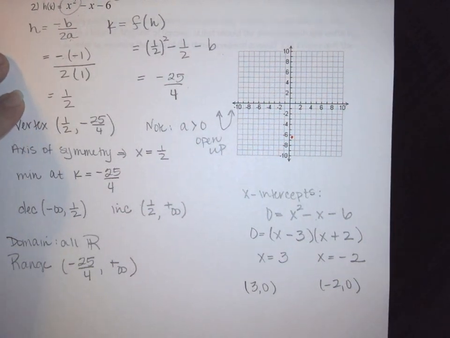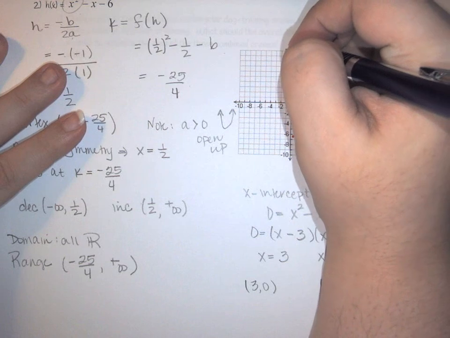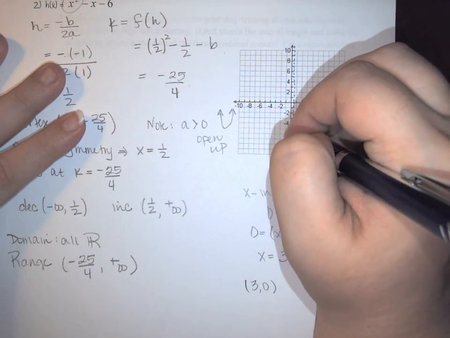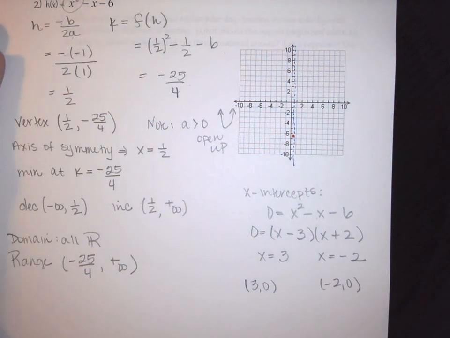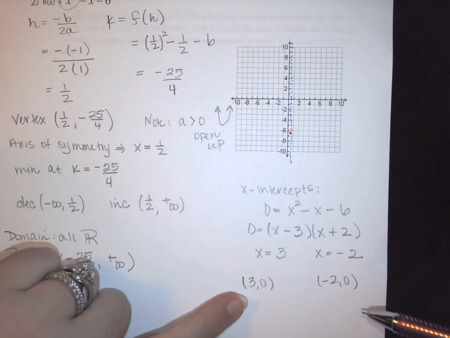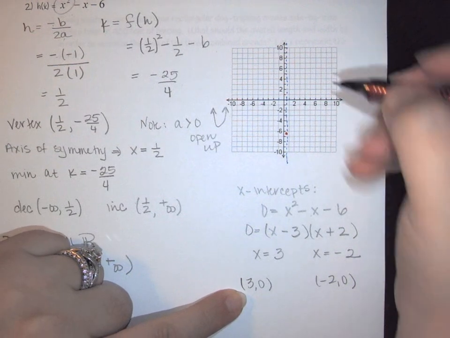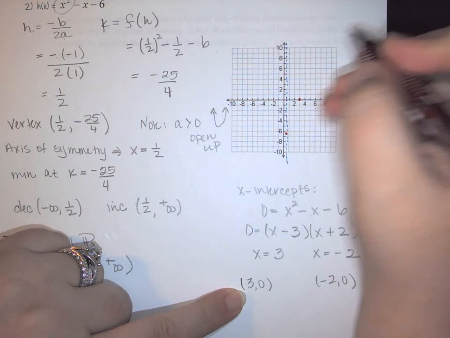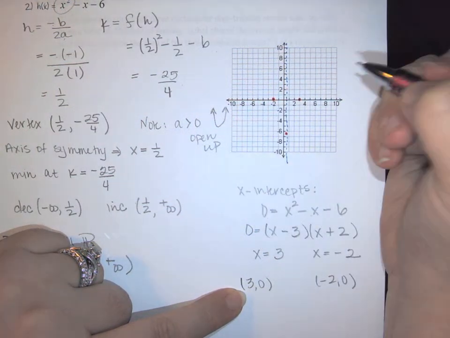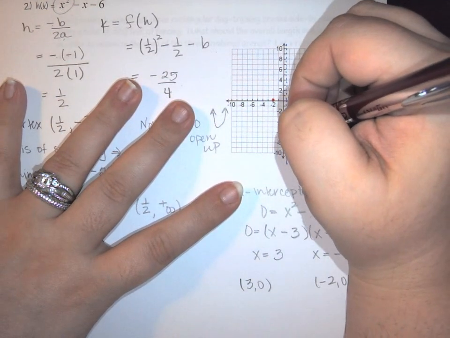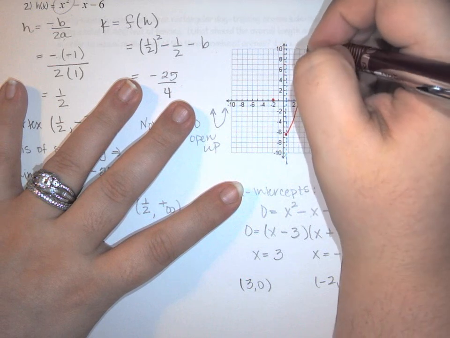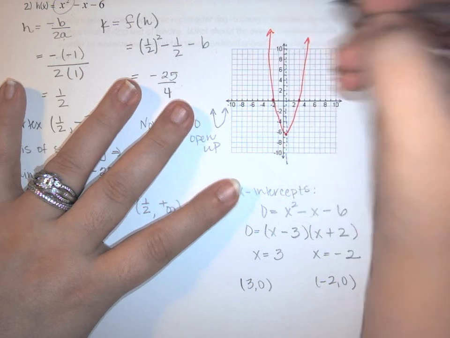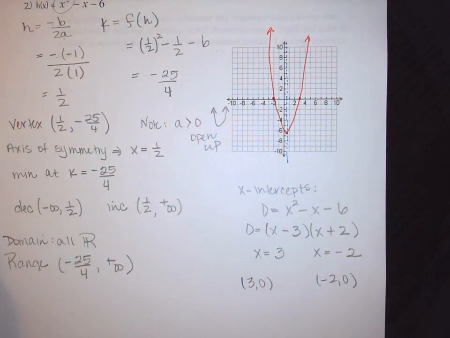We can drop in that axis of symmetry line, so it's going to go right here. Next, we can graph those x-axis points. So we have 3, 0. So here we go 1, 2, 3. And then we've got negative 2, 0. So right here. And then we just simply connect our dots to the best that we can. And there you have it.